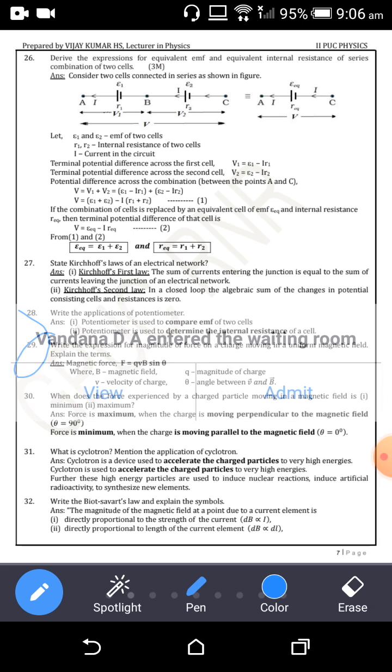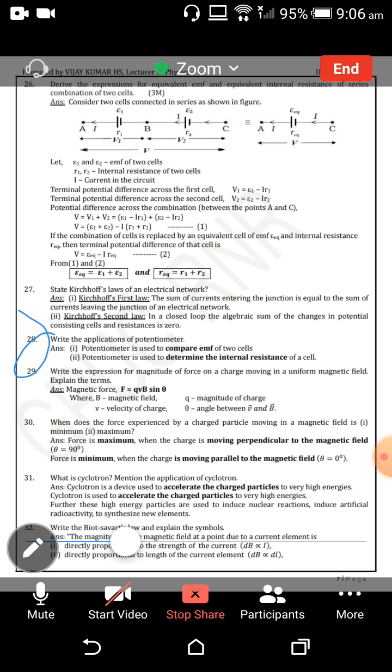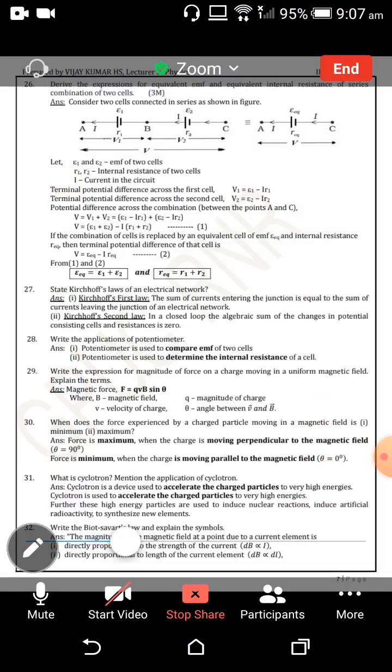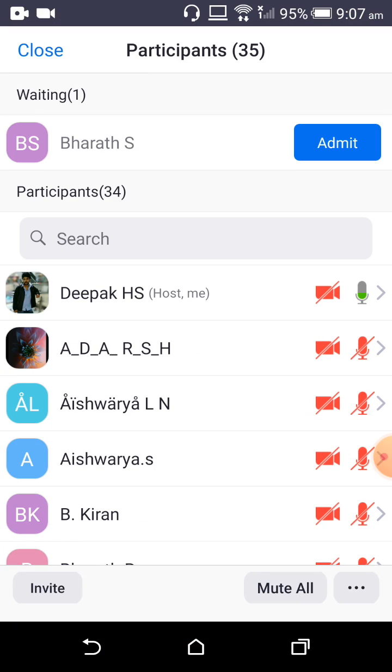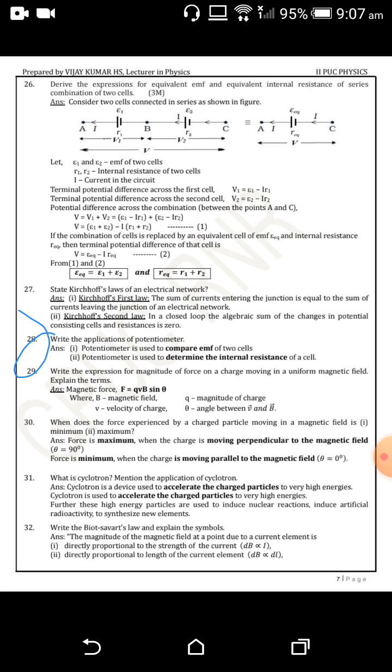So the next question is: when is the force experienced by a charged particle moving in a magnetic field minimum and maximum? We need to find when a charged particle moving in the presence of a magnetic field experiences maximum force and minimum force.